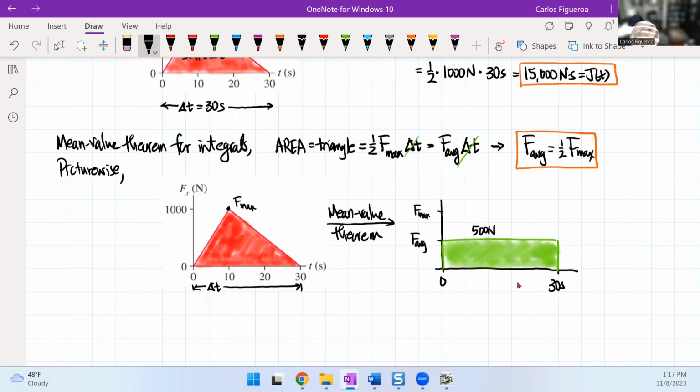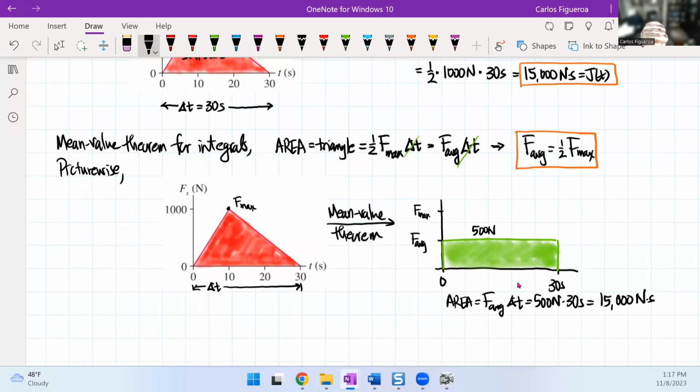If I calculate this area, it is F average times my contact time, which is 500 newtons times 30 seconds. Note that I get exactly 15,000 newton seconds. That's what the mean value theorem is telling you.